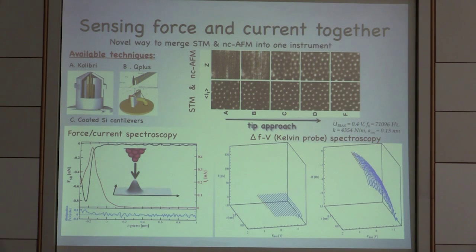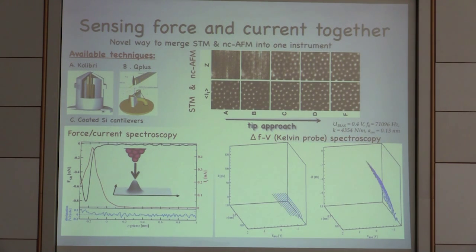But of course if there are some non-conservative forces acting during the oscillation, meaning the force acting on your probe is different when you are approaching and when you are retracting, then you have some dissipation. So you have to keep the oscillation amplitude constant, and this is the energy which you supply to your cantilever to keep the oscillation amplitude constant.